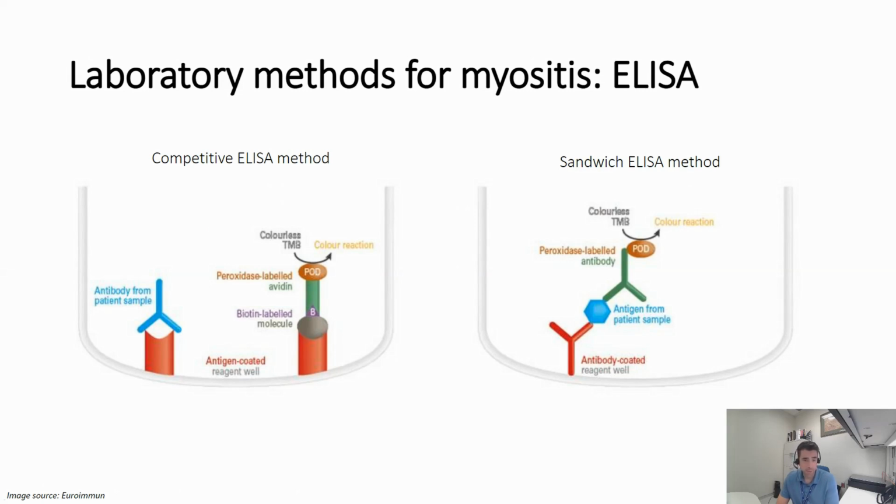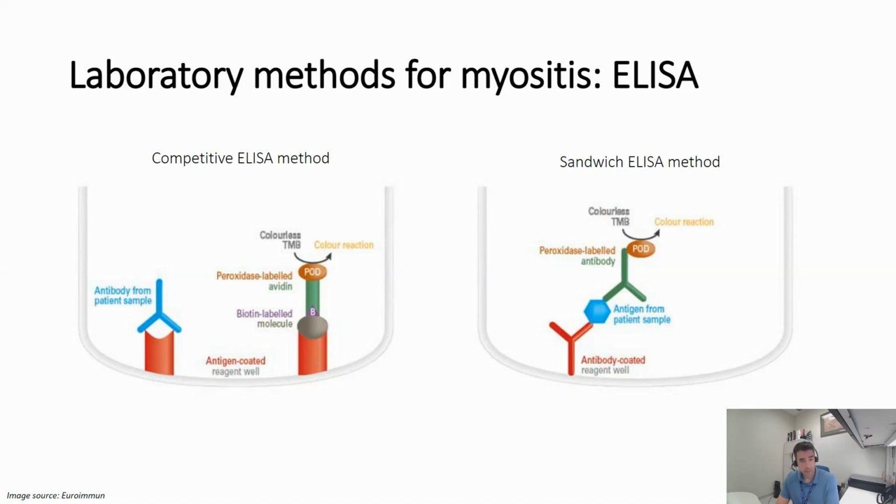If the antibody is present in the patient sample, it will block the antigen, and as a consequence, you will not have a color reaction that will result. So here, the signal would be inversely proportional to the presence of the antibody.